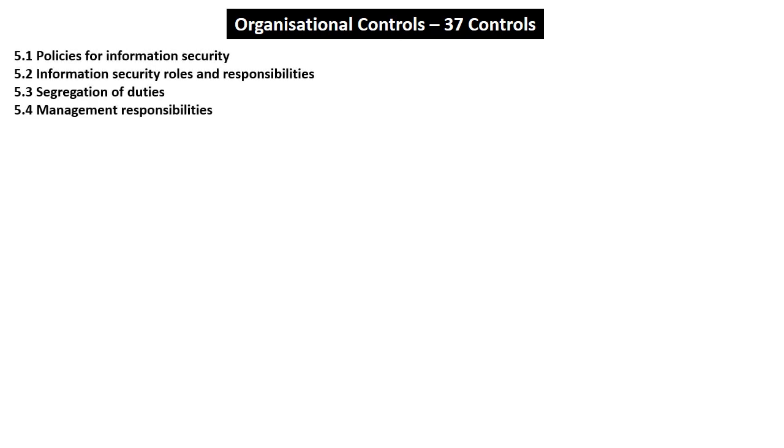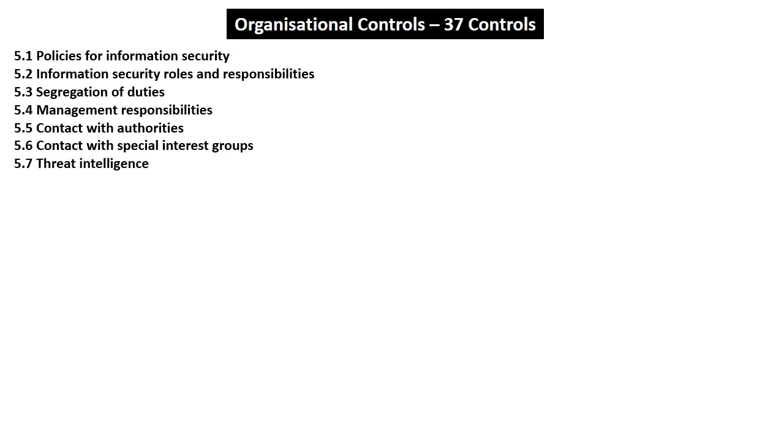Let's check out the controls. In the organizational controls, 5.1 to 5.4 speaks about the controls related to information security policy, roles and responsibilities, and management responsibilities. 5.5 and 5.6 talks about contact with authorities and special interest groups. 5.7 talks about collecting and analyzing information security related threat intelligence to mitigate risk.